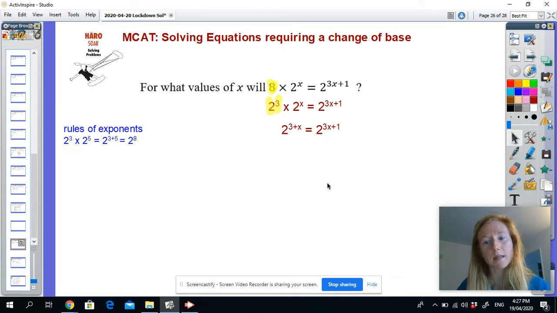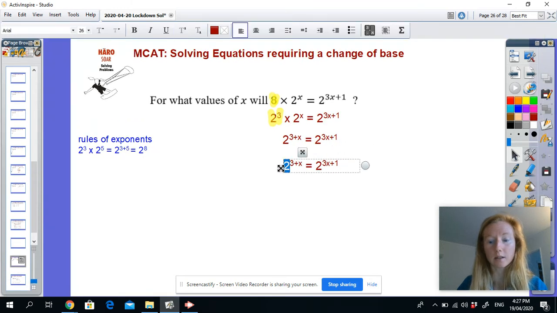Okay, and that's where that rule of exponents comes into what we're doing here. Now we have an equal base, and we only have one term on the left and right. We've combined those two. So because we now have that equal base that we're looking for, we can remove the bases.